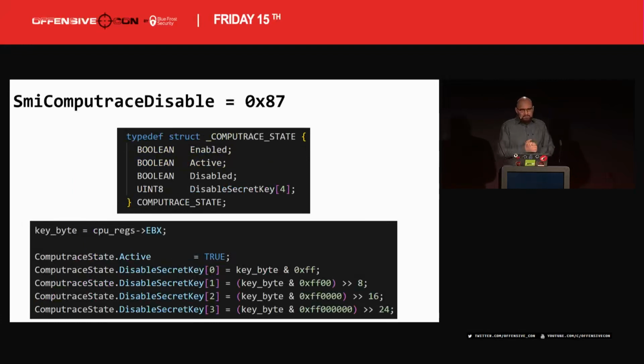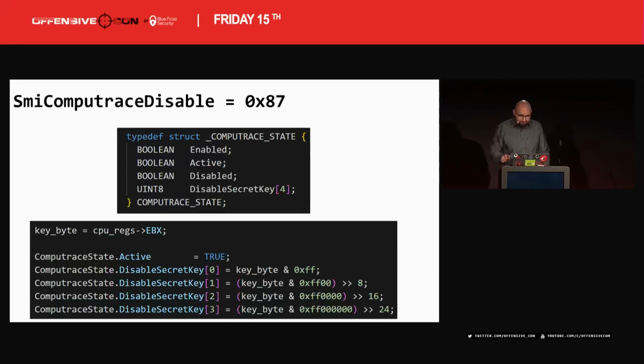But most interesting also is SMI compute trace disabled, and compute trace state actually has three Boolean values, which are enabled, active, and disabled. So you basically can control the state and understand whether it's active or not.